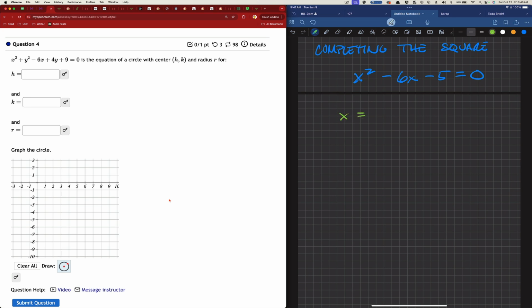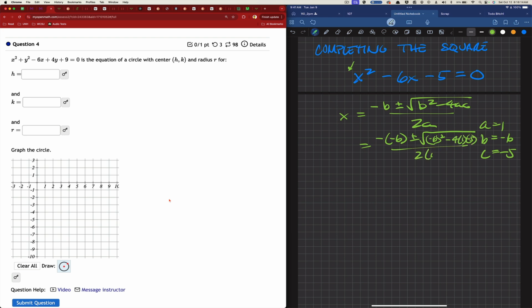If I use the quadratic formula, which is that, a is equal to 1, b is equal to negative 6, c is equal to negative 5. So I get negative b, which is negative negative 6, plus or minus the square root of negative 6 squared, the quantity squared, minus 4 times a, which is 1, times c, which is negative 5, all over 2 times 1.